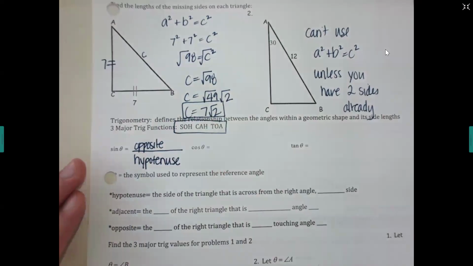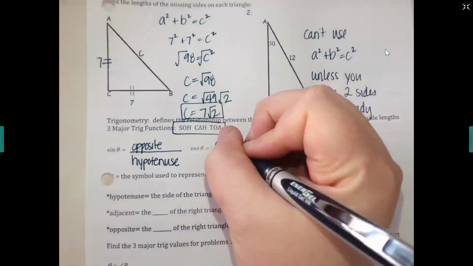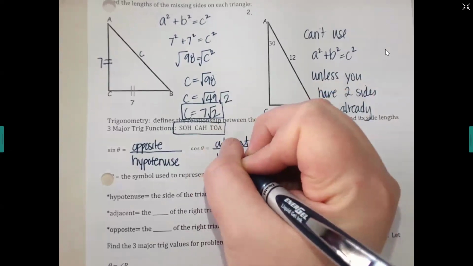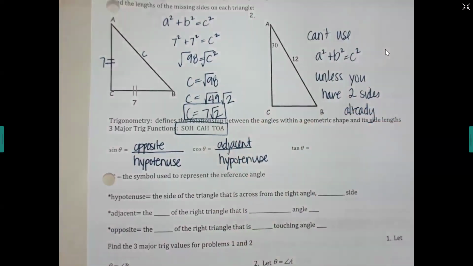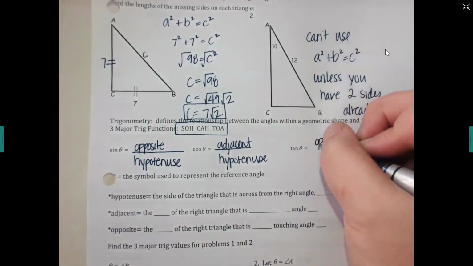Okay, so that's SO, S-O-H is sine opposite over hypotenuse. Okay, CA is cosine, and it's adjacent over hypotenuse. And then for tan, it's opposite over adjacent.